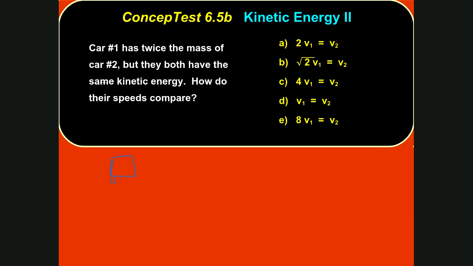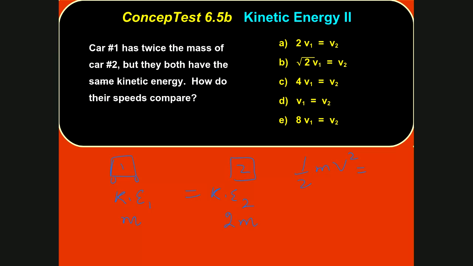So if this is car 1 and this is car 2, the kinetic energy of car 1 is equivalent to the kinetic energy of car 2. But the situation with car 1 is if the mass is m, the mass over here is 2m. So the kinetic energy is given by what? 1/2 mv squared, right?